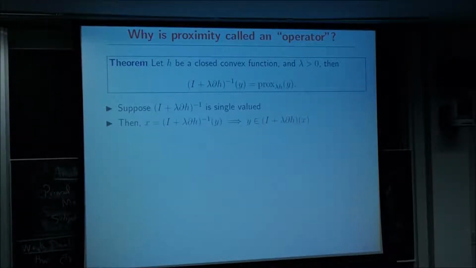So if this is single valued, then if x is equal to that equation, you can take its inverse. That means y belongs to that. We've seen this previously. This is the same as y belongs to x plus that subdifferential, which is the same as x minus y plus that subdifferential contains 0.